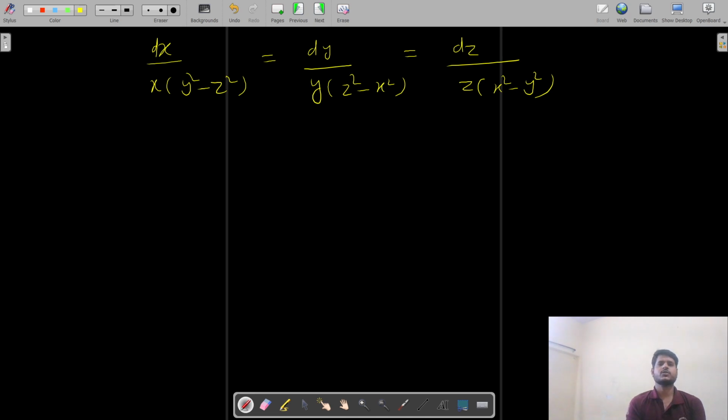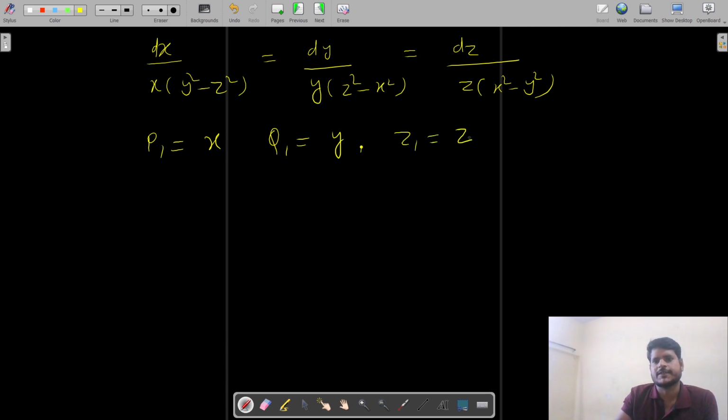Again dear students, I am going to solve this problem with the help of multipliers, right? So in the first case I am taking multipliers P1 is equal to x, Q1 is equal to y and R1 is equal to z.